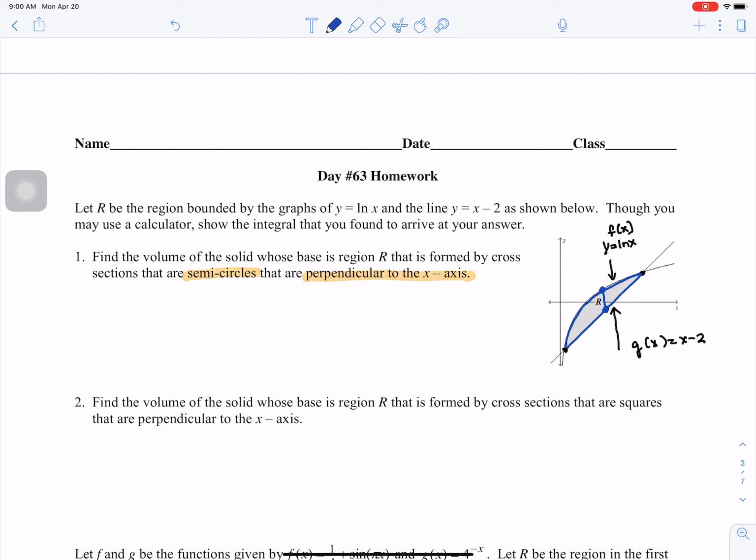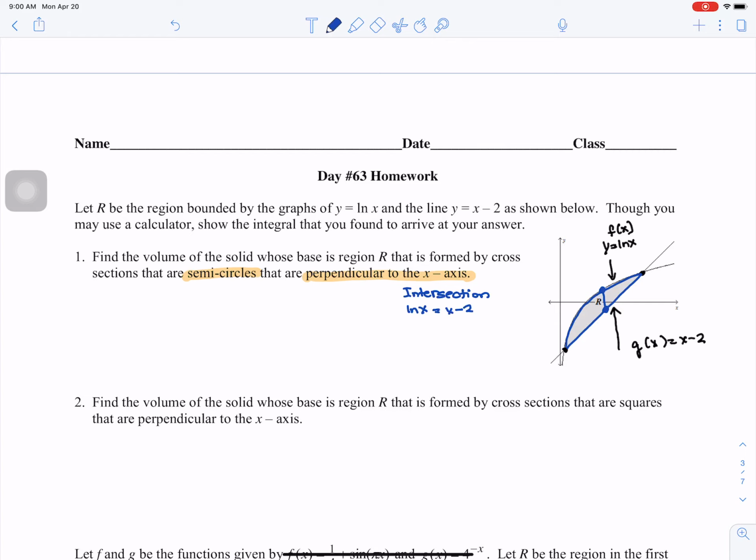First thing we need to do is figure out the intersection points. We can do that using our graphing calculator. So I'm going to take ln x, equate it to x minus 2, and find the intersection points.